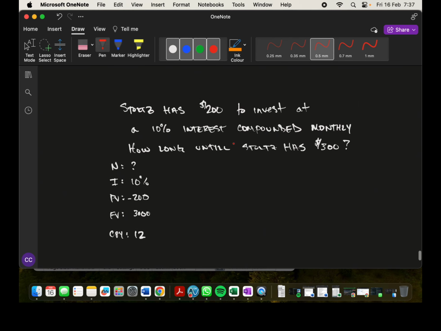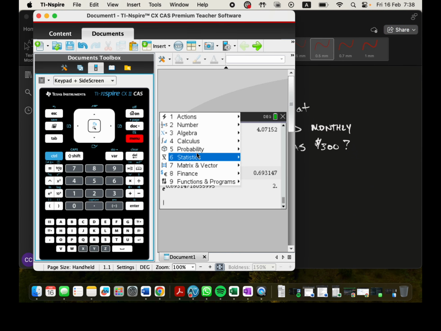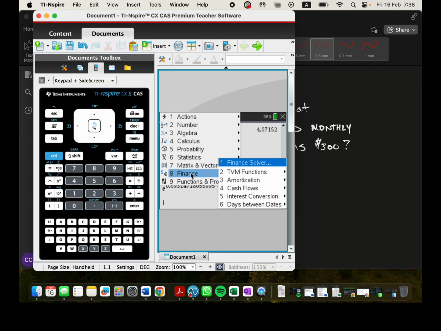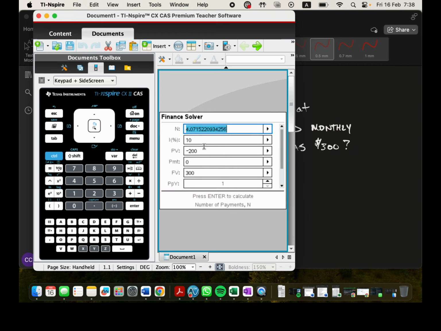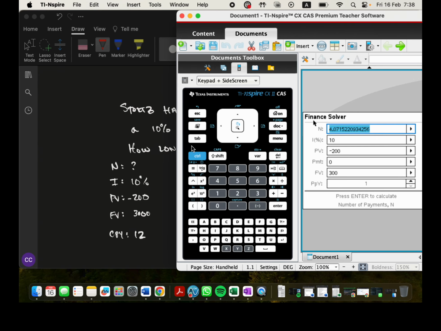If we are solving something like this, financial applications, we can always just use our financial solver. That's one approach to this. As I said, I've already done this video twice now, so I've already entered my data in and I've got my answer. If I want to know how long it takes to go from 200 to 300 with 12 compounding periods per year at 10%, I put my 10% in.